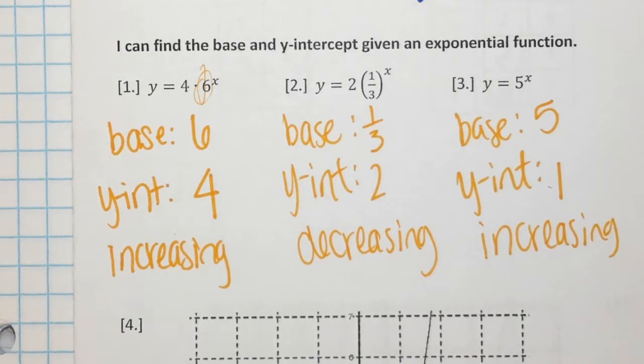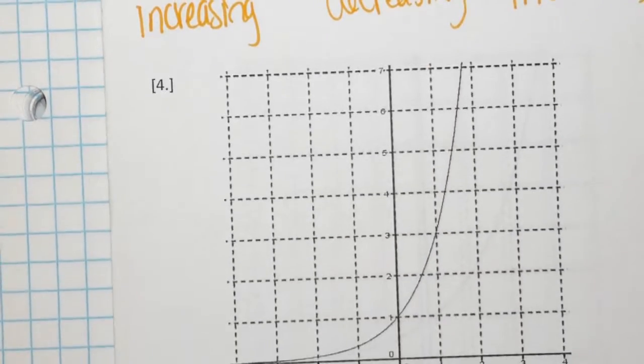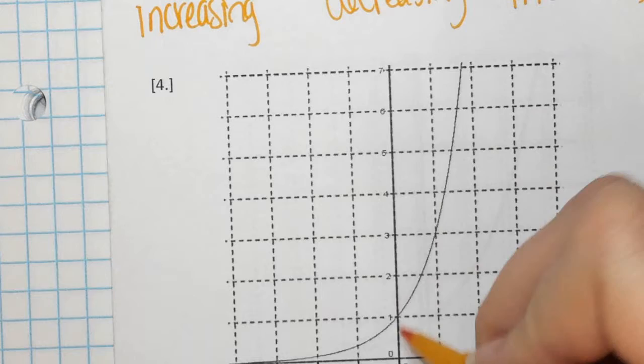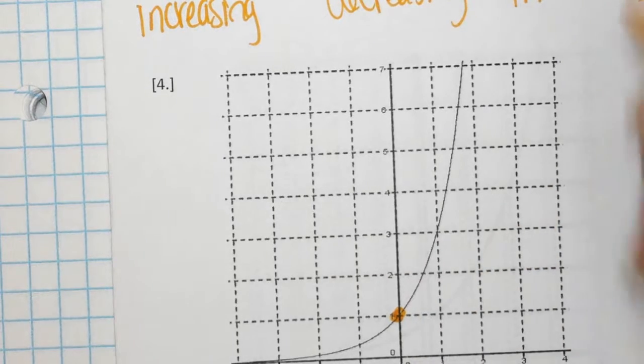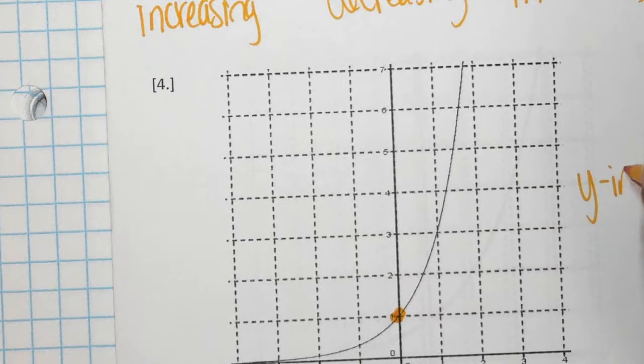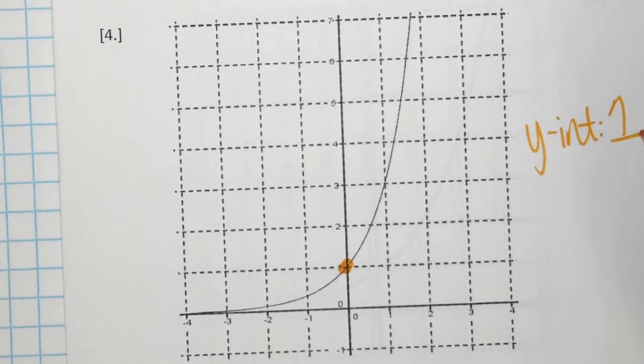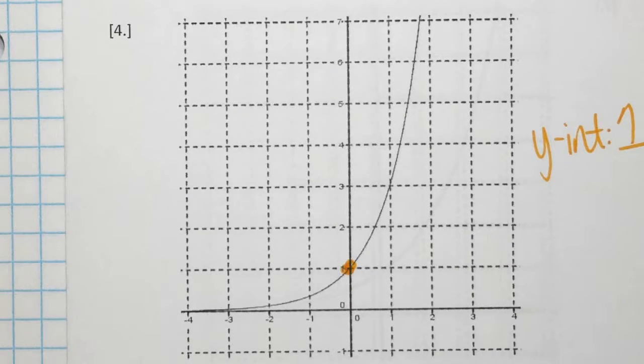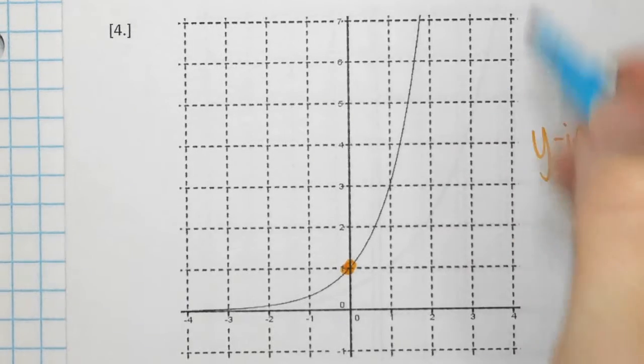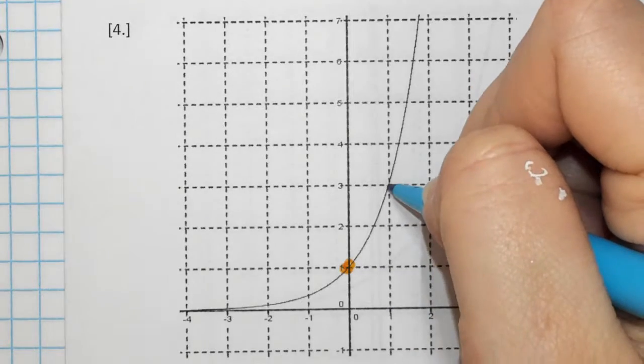All right, now let's look at our graph. Remember, to find our y-intercept, we just see where it crosses the y-axis. So what's our y-intercept here? It's 1. Now, to find the base, it's a little more complicated. You have to find the next part where it crosses a grid. So it crosses right here at 1, 3.